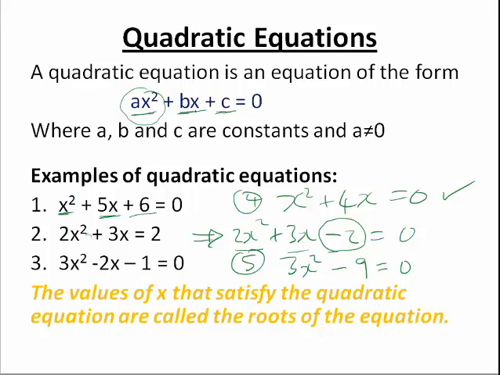What it means here is that the coefficient of x is 0, therefore taking away the value for x, but we have the constant. Then does this qualify as a quadratic equation? Yes. The only way it does not qualify as a quadratic equation is when we have the coefficient of x squared set to 0. This is very important. Then the values of x that satisfy the quadratic equation are called the roots of the equation.